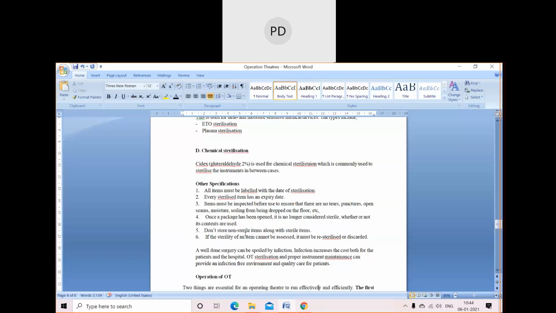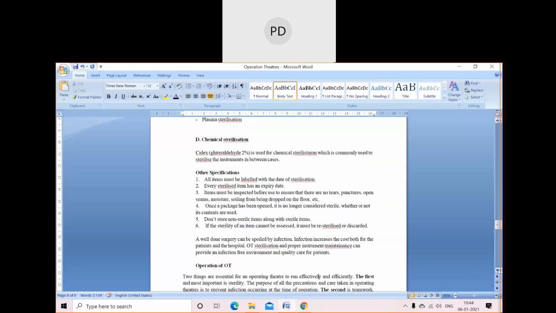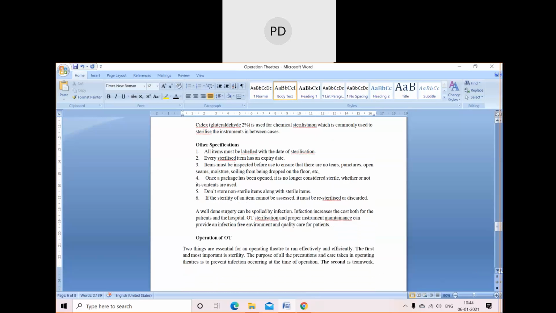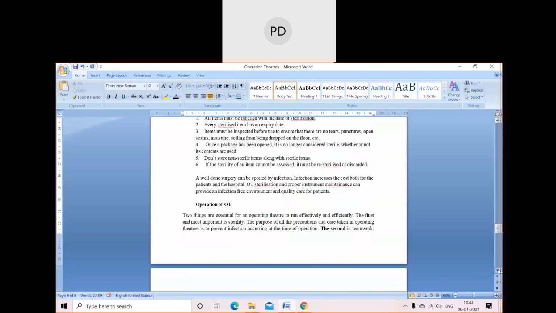It is not a burden only for the patient, but for the doctors as well as the hospital. Okay. So OT sterilization and proper instrument maintenance can provide an infection-free environment and quality care for patients.